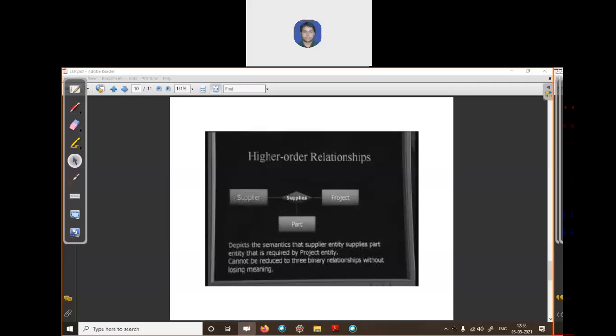There is a supplier entity type, some parts, and some projects. This relationship, supplier supplies part for a particular project. Here three entities are participating in this relationship. It's called a ternary relationship or higher order relationship.